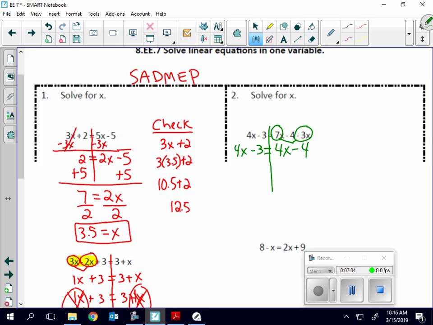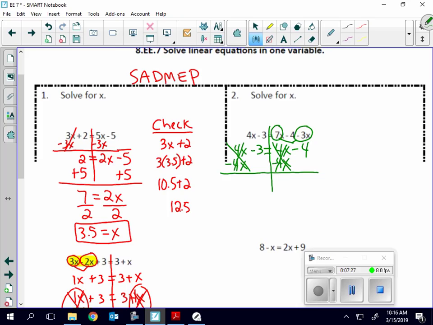Well, as we can see, we're going to now have to get all the x's to one side. So if I want to subtract this 4x to get rid of it, that will cancel these out. And of course, whatever I do to one side, do it to the other side. Well, guess what? That also cancels those out. 4x minus 4x will always be nothing. No x. So what do I have left?